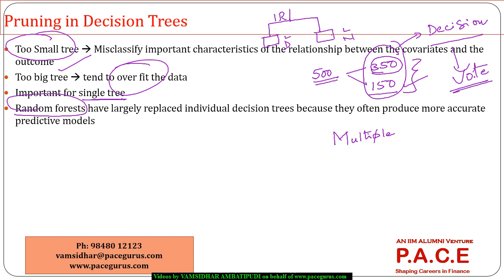Right? How many of these different trees are suggesting that this person will default, and how many are suggesting that this person will not default. So when we are using random forest, we really don't need to bother too much about pruning of the decision tree. But when we are trying to build standalone individual decision trees, then pruning also plays a very important role.